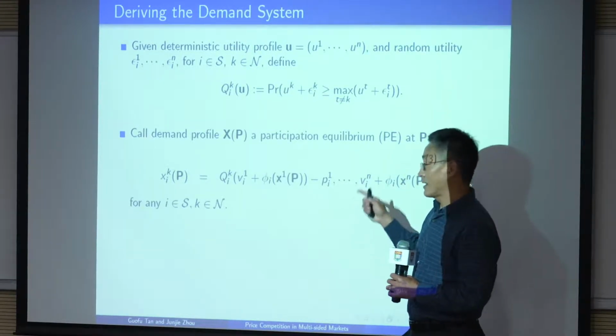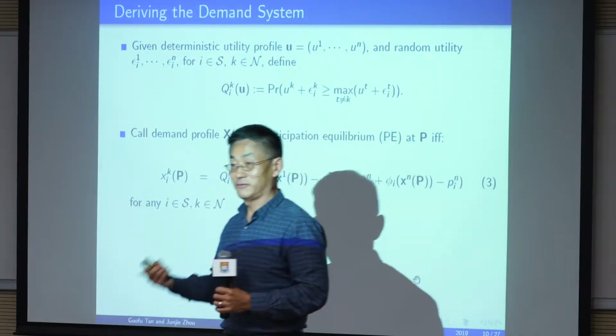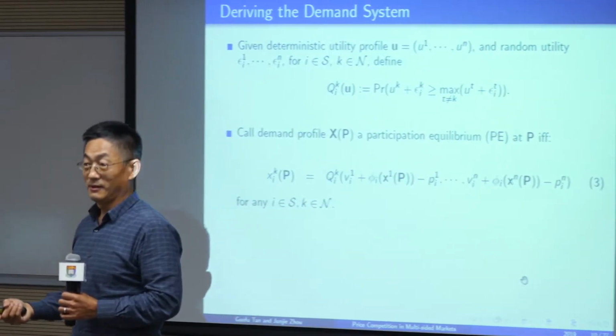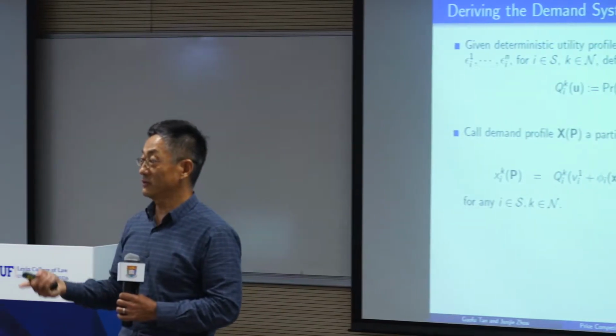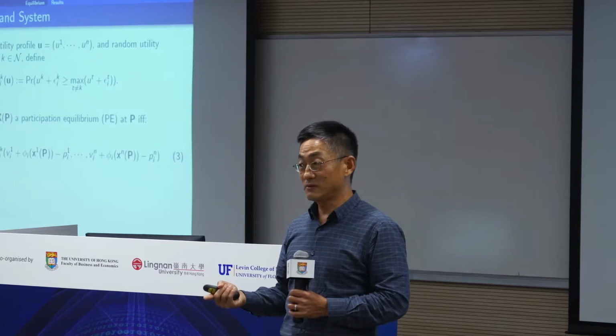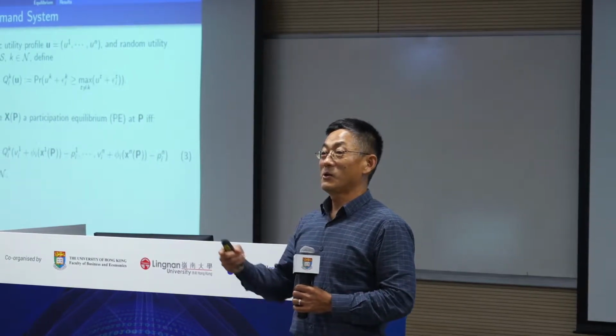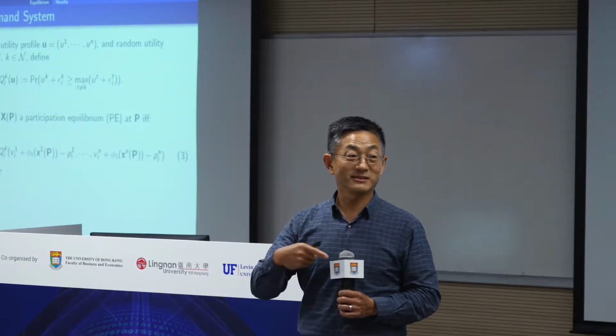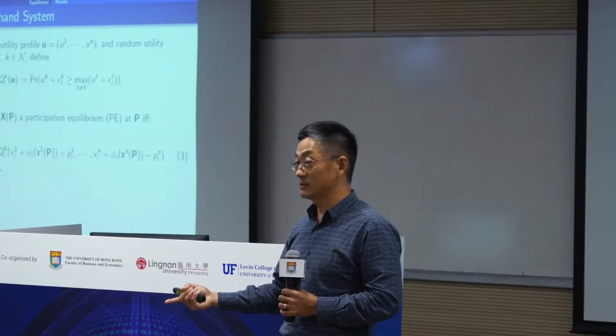Okay, so that means that is an implicit functional equation. So it is very difficult to figure out certain properties of that demand system, and with that complexity, it makes it difficult to derive antitrust implications.